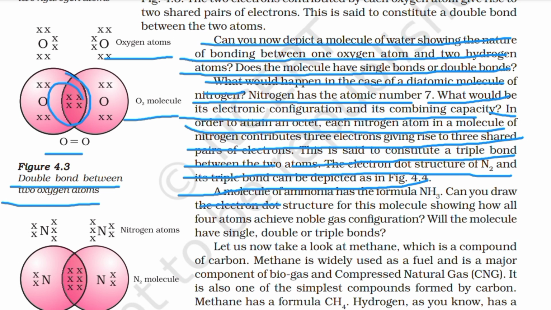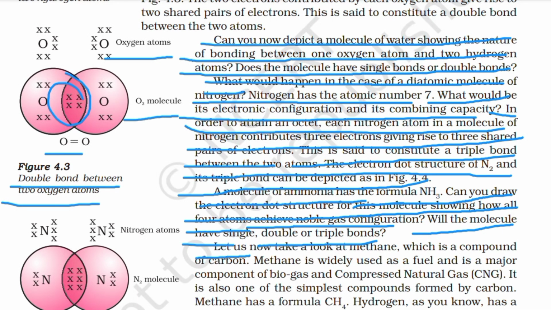A molecule of ammonia has the formula NH3. Can you draw the electron dot structure for this molecule showing how all four atoms achieve noble gas configuration? Will the molecule have single, double or triple bonds?